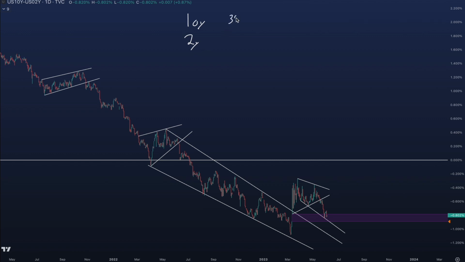For instance, let's say the market is pricing in 3% for 10 years and maybe 1.5% for 2 years. This is the yield until maturity of these bonds. But we have an inversion when the 2-year is yielding more than the 10-year, as if the 10-year would yield 1.5% and the 2-year would yield 3%. That's exactly what we're seeing right now, although the numbers are a little bit different.